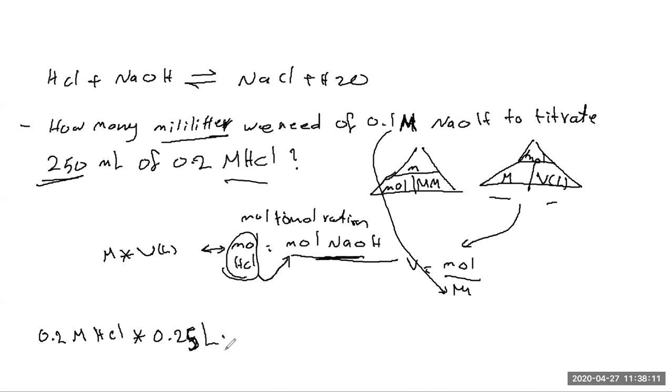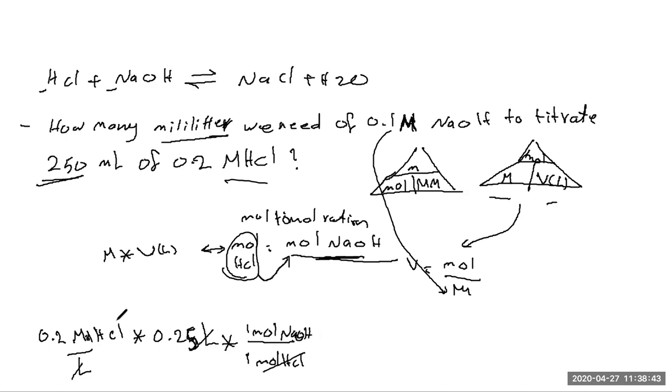Now the mole-to-mole ratio between NaOH and HCl. Don't forget, the molarity is mole divided by liter, so cancel liter with liter. Here, the mole-to-mole ratio between HCl and NaOH is 1 to 1. 1 mole HCl, 1 mole NaOH.